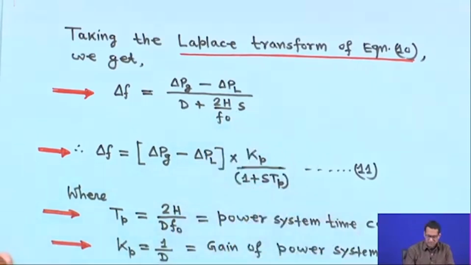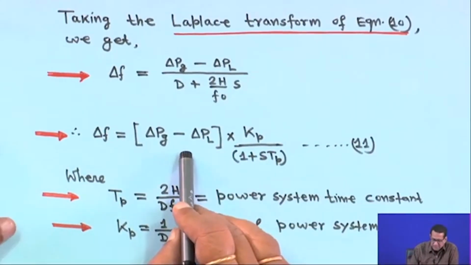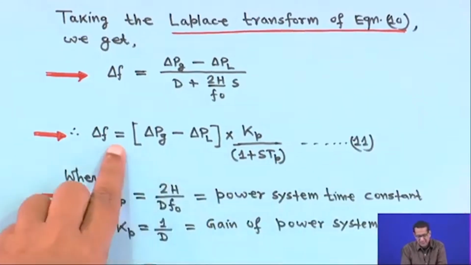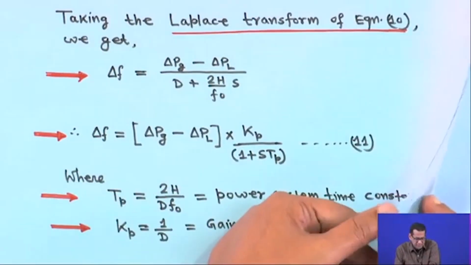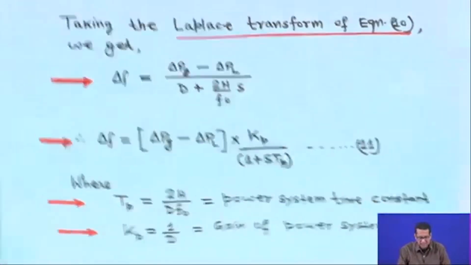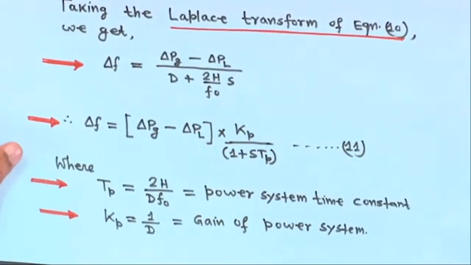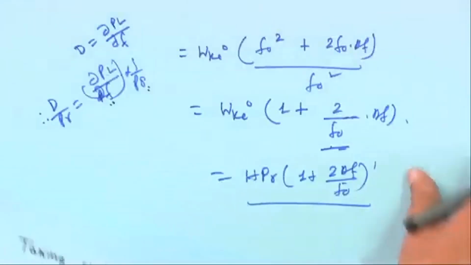This way it will come, or you can further simplify this, that is, how does delta F equal delta Pg minus delta PL into Kp upon 1 plus sTp come from this equation? Numerator and denominator you divide by d. Let me write it for you.